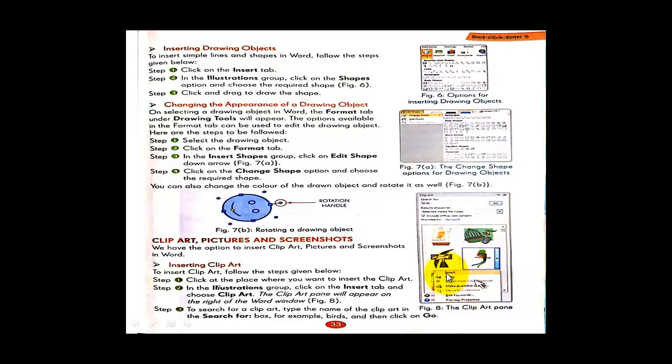From these options you have to click on insert. This bird clip art will be inserted at the place where your cursor is blinking, where you have already clicked before.